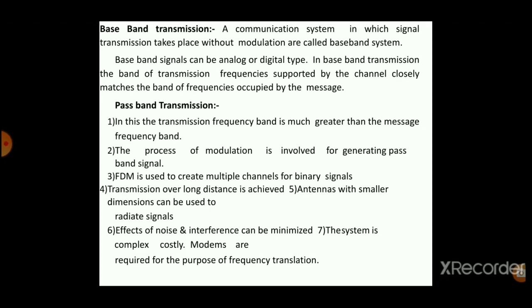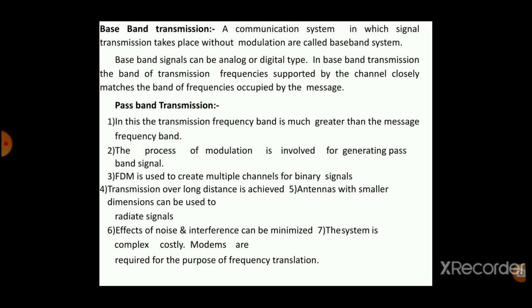Next one, passband transmission. In this transmission, the frequency band is much greater than the message frequency band. Second one, the process of modulation is involved for generating passband signal. Third one, FDM is used to create multiple channels for binary signals.